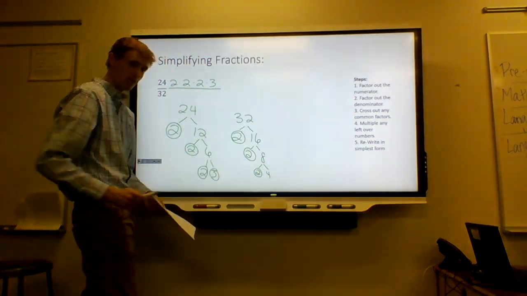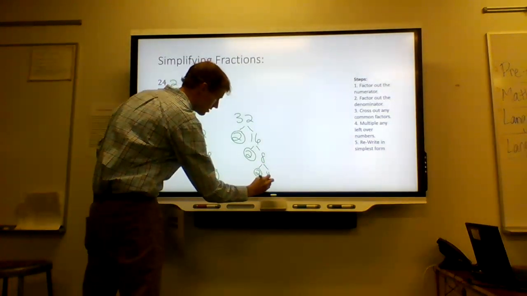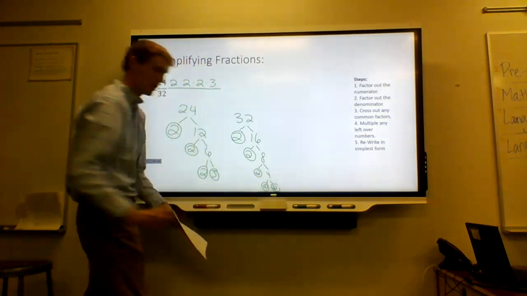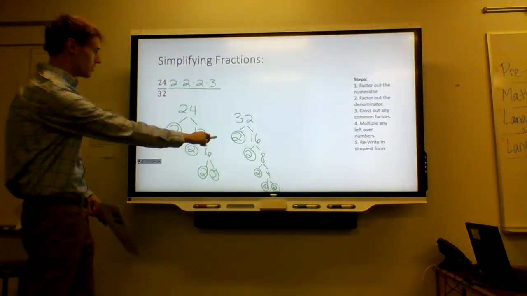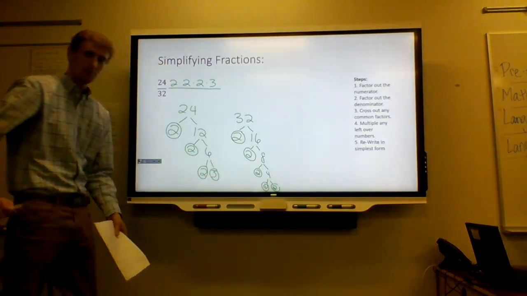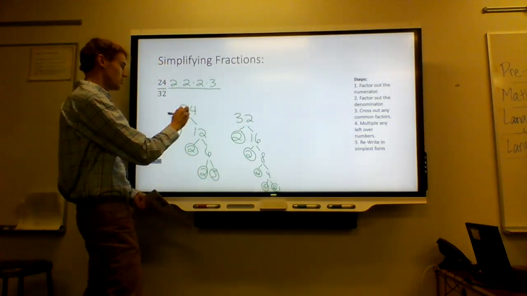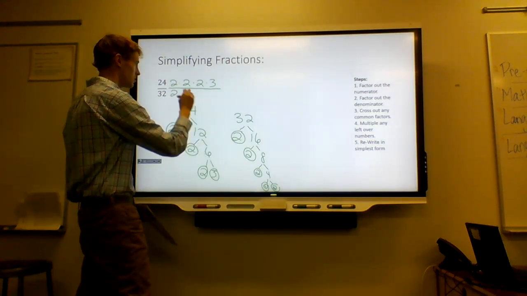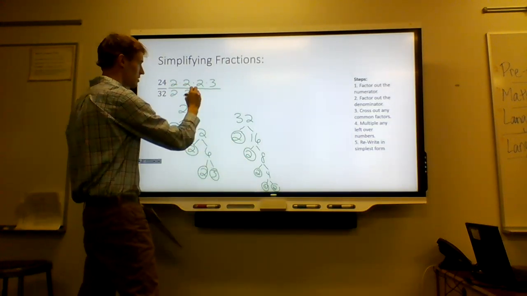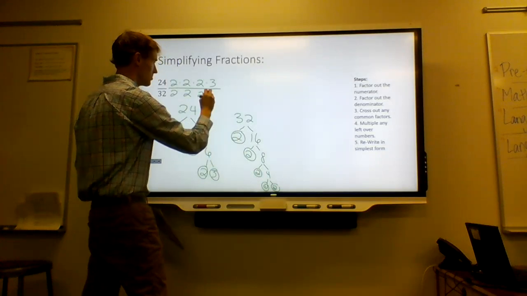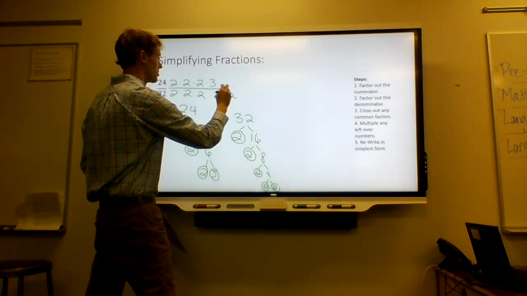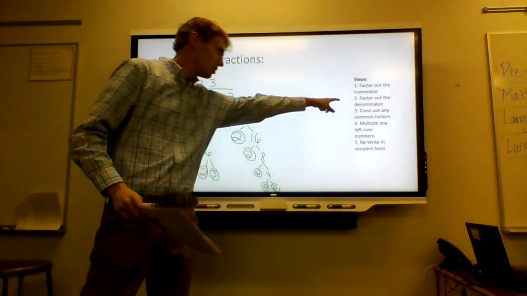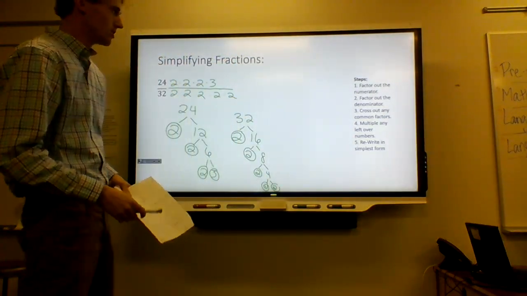We can still factor out 4, so we're not quite done yet, into 2 times 2. Kind of ran out of room there. So now we have to write down the circled numbers, because those are our prime numbers. So we know that 32 can be broken into 2 times 2 times 2 times 2 times 2. And there we did step number 2, which was factor out our denominator.